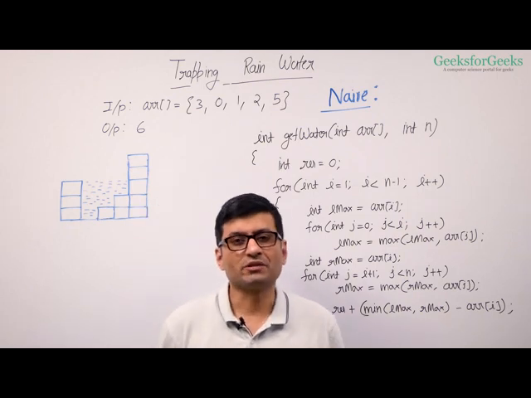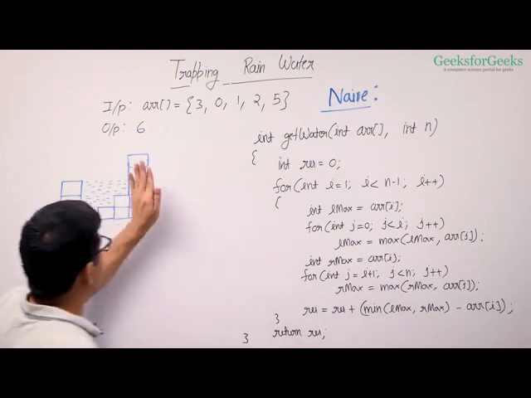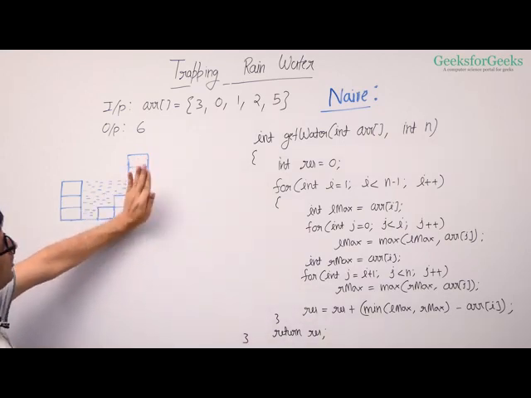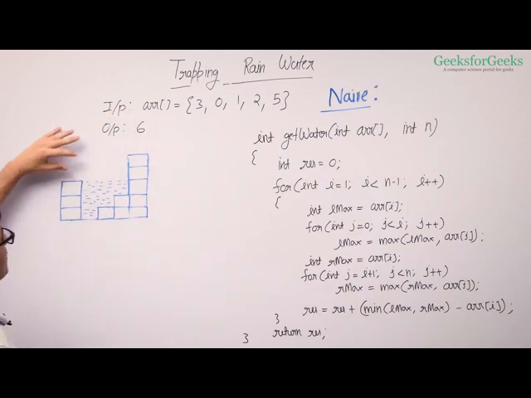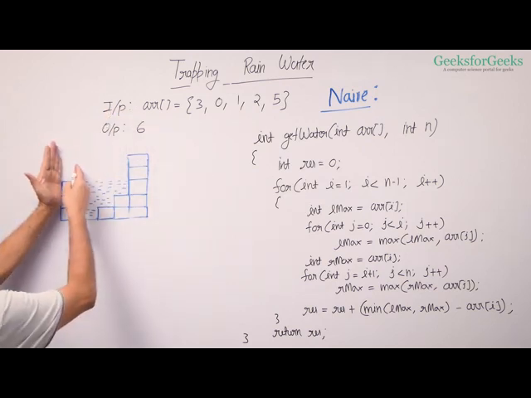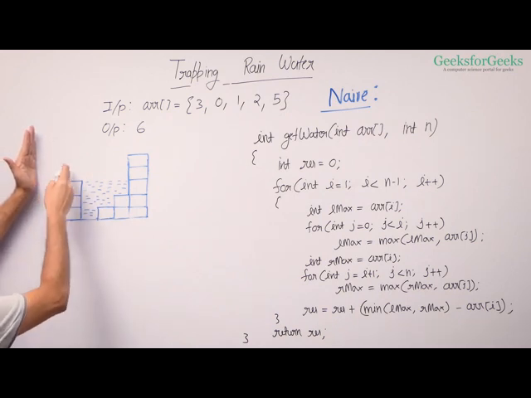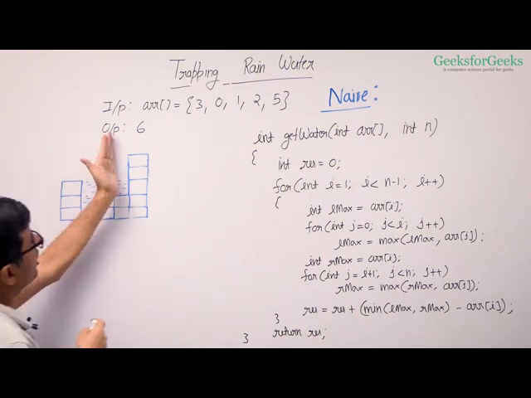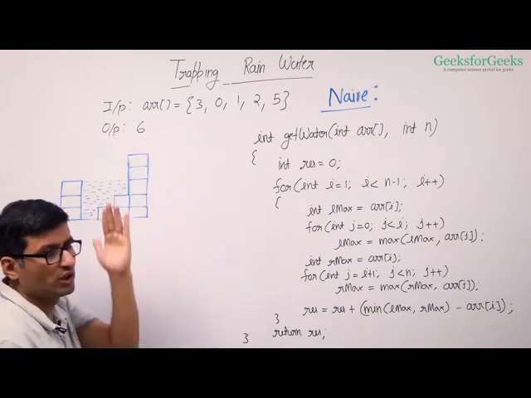There are a few interesting facts about this problem. One is, if you consider the corner bars, you can never store any water on top of them. Because if you try to store anything on top of it, there is nothing on the left of the leftmost bar to support that water. Similarly, there is nothing on the right of the rightmost bar to support that water.